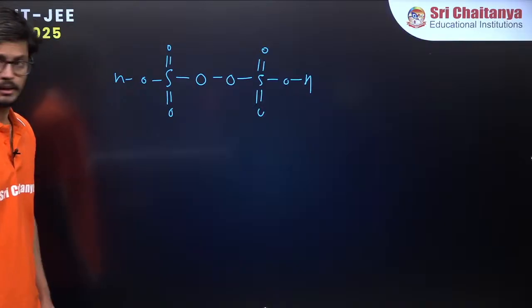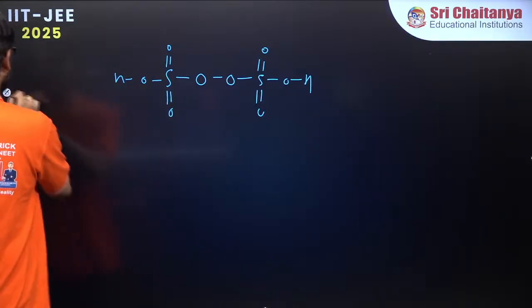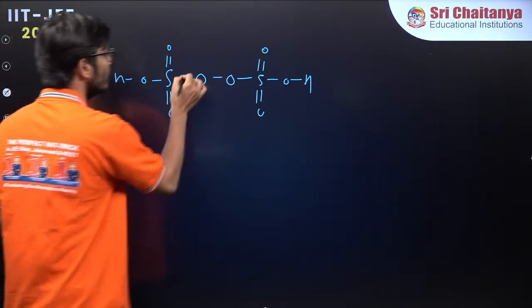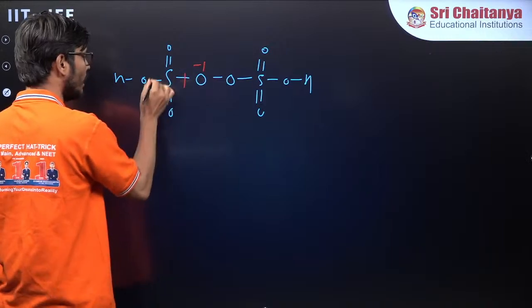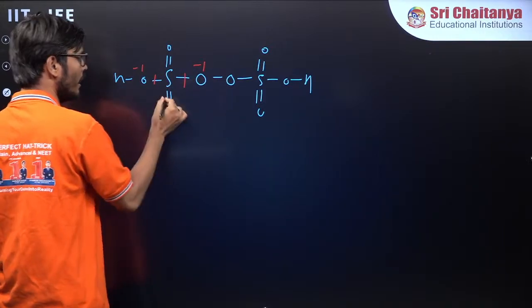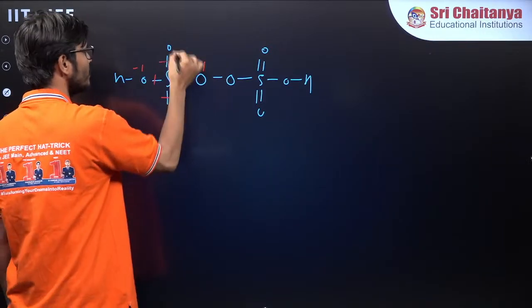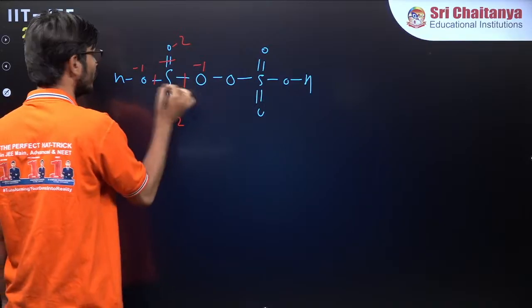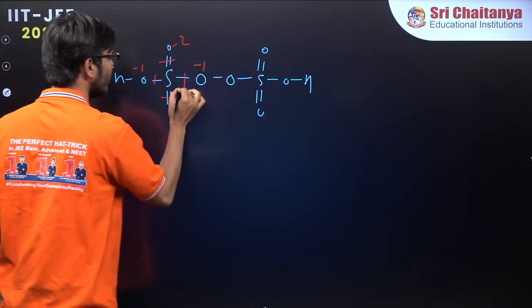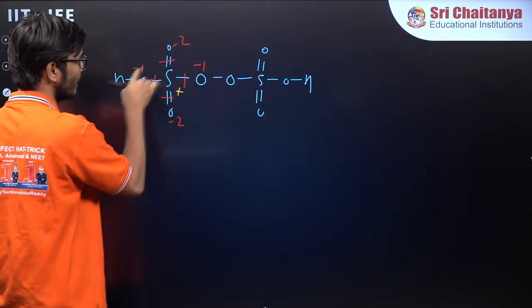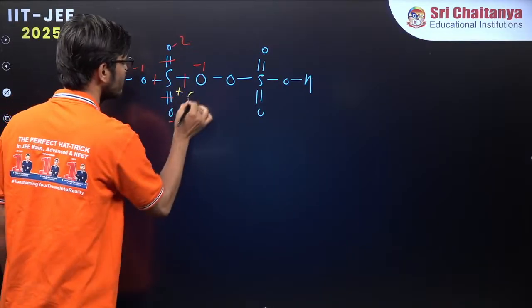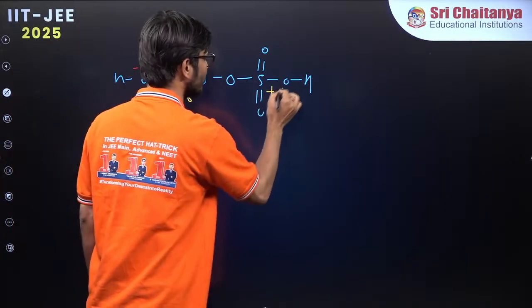H2SO8. Now if you see, the oxidation number works out well. Look, this oxygen is -1 single bond, this oxygen is -1 single bond, this oxygen is -2 and this oxygen is -2. So overall what is the charge coming? -2, 2 to 4, plus 6. Similarly here also the charge will appear as 6.